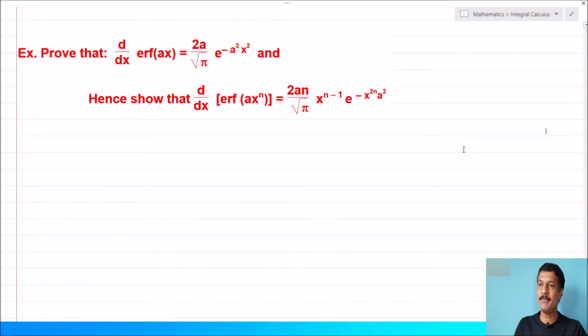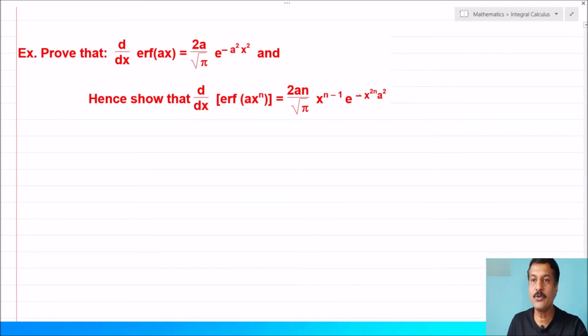So new example, prove that d by dx of error function of ax equal to 2a by root pi into e raised to minus a square x square, and hence show that d by dx of error function of (ax) raised to n equal to 2an upon root pi into x raised to n minus 1 into e raised to minus x raised to 2n into a square.